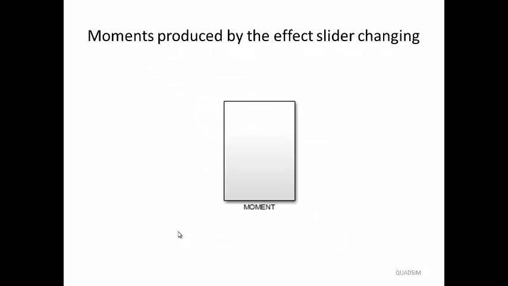But what about moments produced by the effect of slider changing? As you know, when the slider is changed, the mass of the slider can produce a torque by the value of the forces of each motor. As you can see, the arm of this torque can be displayed here.